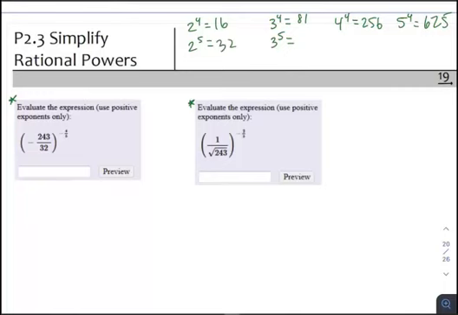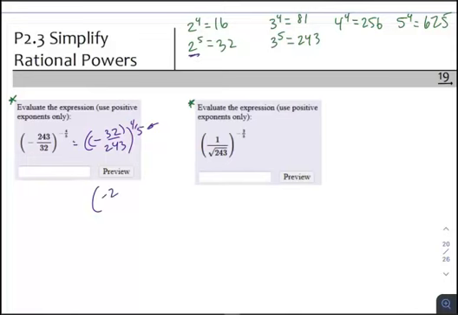All right, so if I'm simplifying this first one, the negative is part of the base, so that stays in. My negative sign is going to flip my base and change the power to positive. And now I'm going to apply the index part of this, the root part of the rational power. So I do have a negative. The 5th root is going to keep that negative. So if I take the 5th root, I'm just going to group this as a 32. So negative 32, I see that the 5th root of that is base 2.